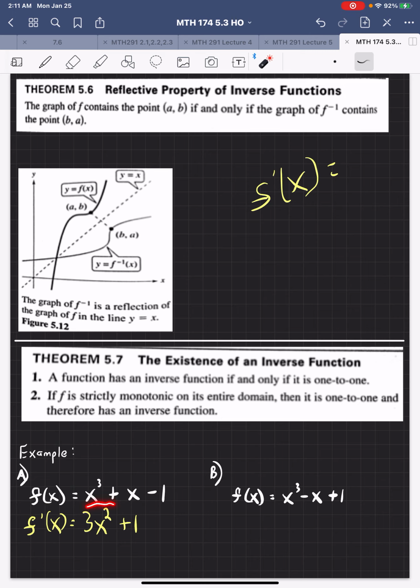What is it about this derivative that assures us that the original function does have an inverse? Let me pose the question a different way. Is there a way for you to get a negative number from this function?